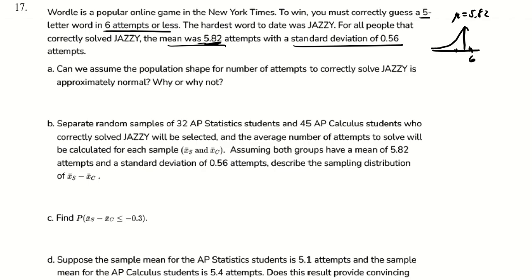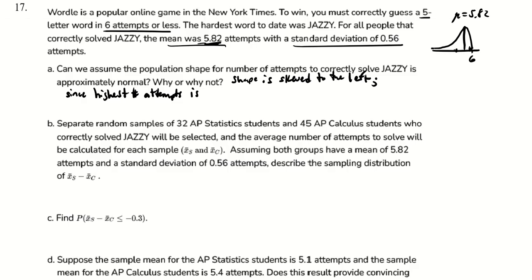And so it appears that it's going to be skewed to the left, where most people are here and then very few people are here. So you can see that the shape is not approximately normal. The shape is skewed to the left, since the highest number of attempts is 6.